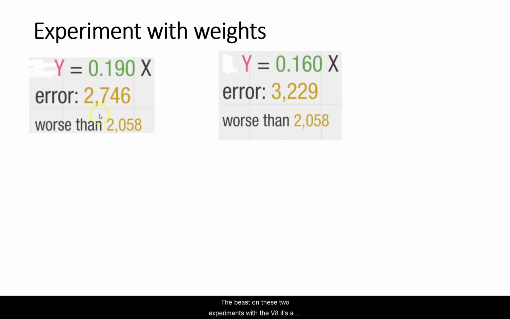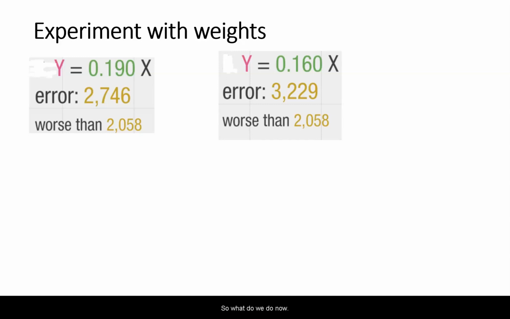So based on these two experiments with the weight, it is very clear that just by changing the slope of our line, we cannot seem to come up with a better model.